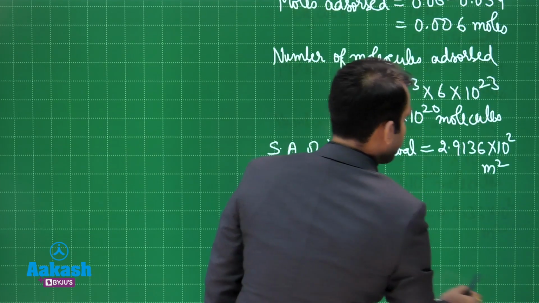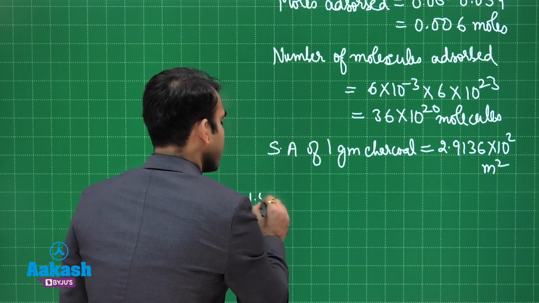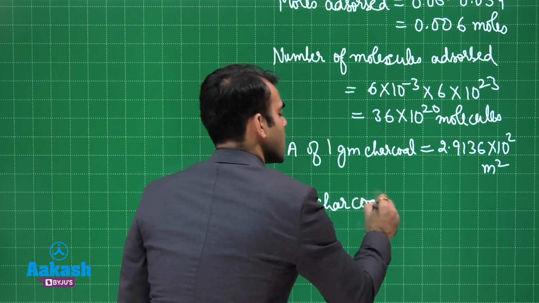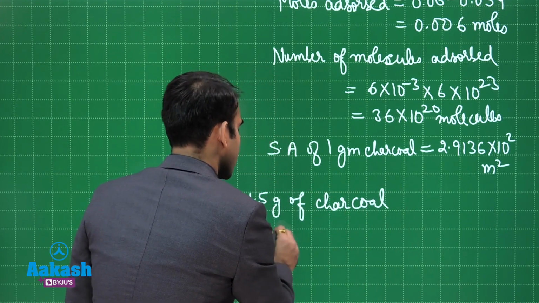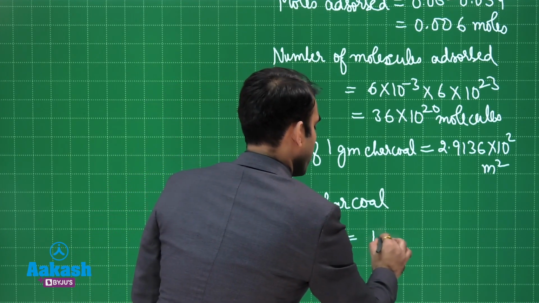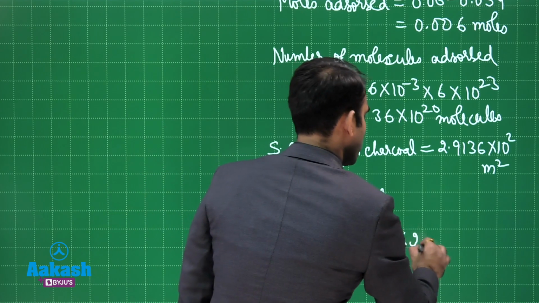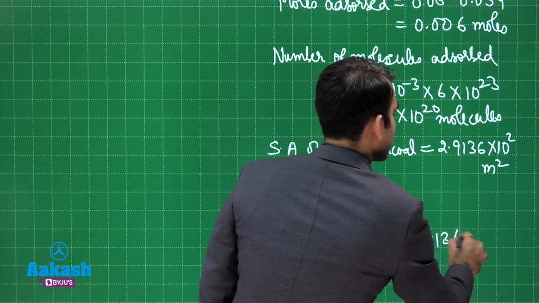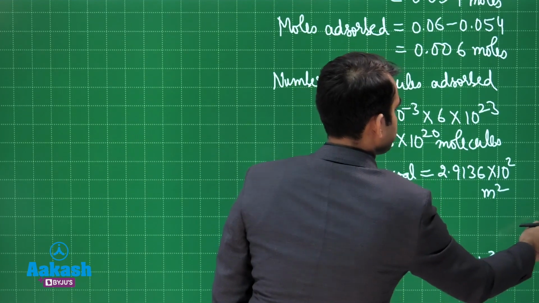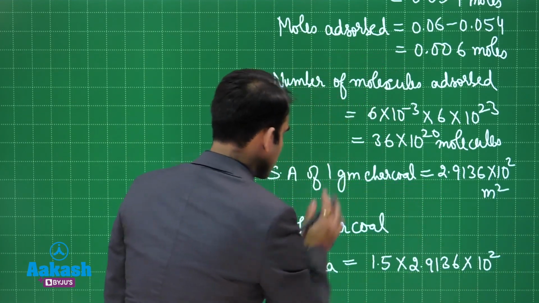But here we have 1.5 gram of charcoal. Then what will be the total area of charcoal? So total area here is 1.5 into 2.9136 into 10 to the power 2. So this is the total area.